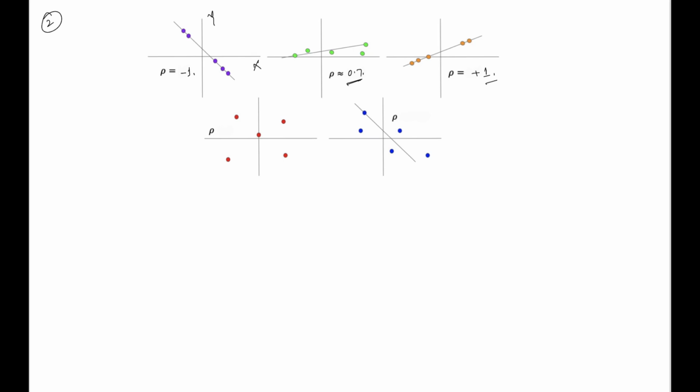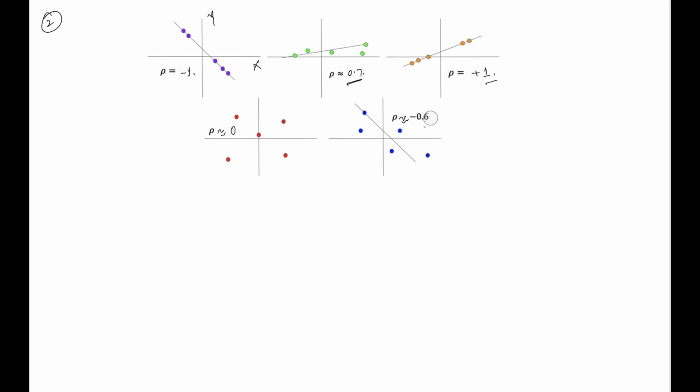Here we cannot find any kind of relationship, or it is completely non-linear, so in this case we can say the correlation coefficient would be 0. Here also the correlation coefficient would tend to 0, or maybe 0.1, something like that, and it will have the negative. So let me modify that one.